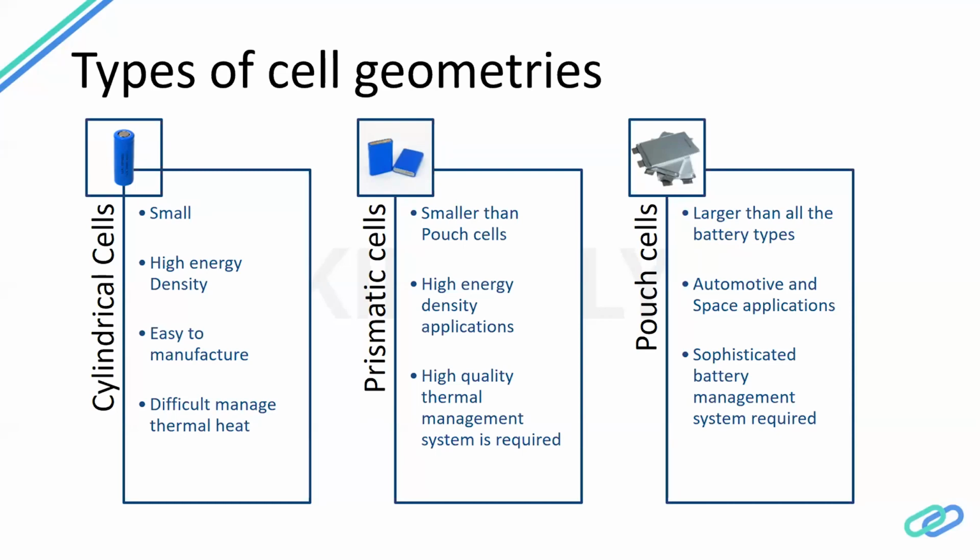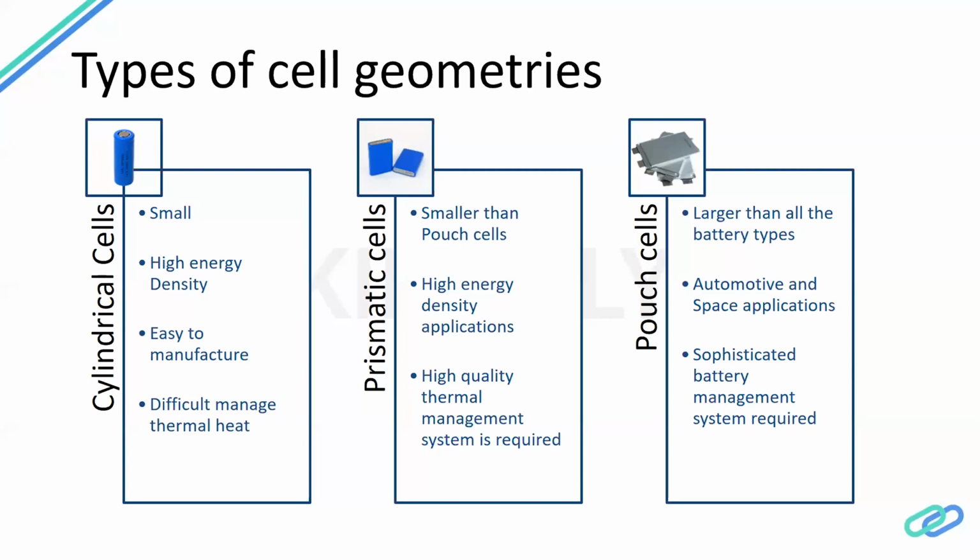So they are very thin films. I don't know if you have seen iPhone batteries ever. Some iPhones use pouch cells, which are used in order to use your iPhone for a longer period of time. But the problem with pouch cells is you cannot use them without generating a lot of heat. We'll talk later on about that. So there are good points, advantages and disadvantages regarding the cell geometries.